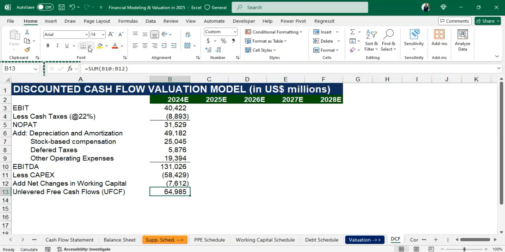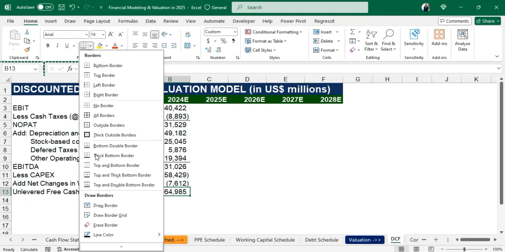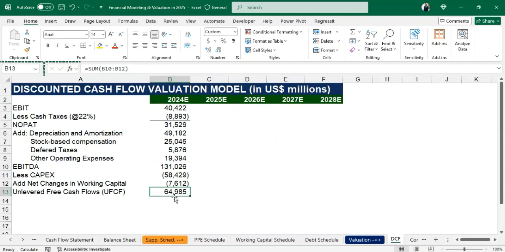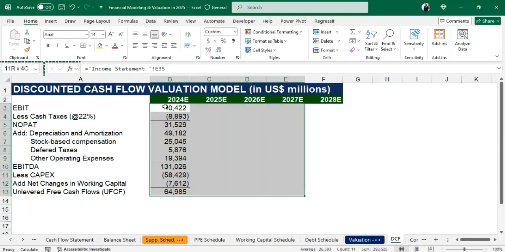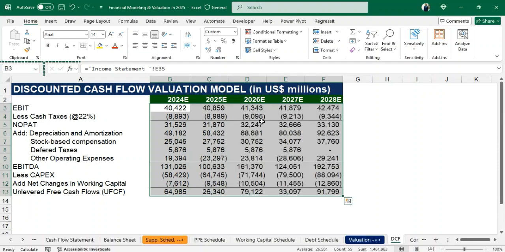So let me insert some borders there. So I'm going to insert a top and double bottom right there. And then I can hold shift with the down arrow and select everything here. Still holding shift, I'll use my right arrow to select the entire space here and use Ctrl R to copy the formula to the right.